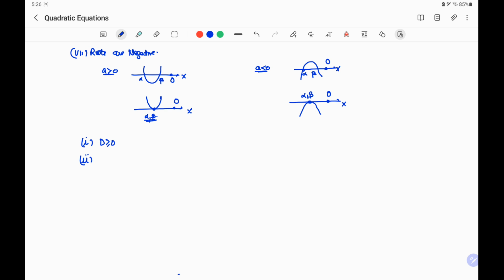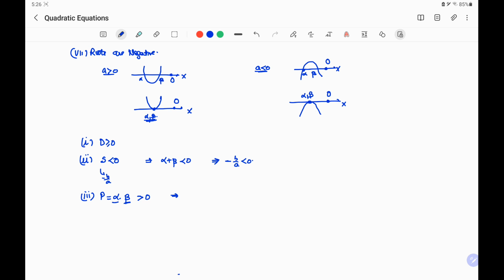Second, because both roots are negative, the sum is less than 0. This implies that alpha plus beta is less than 0, and because s is -b/a, we can write -b/a is less than 0. Third, the product, which is equal to alpha times beta, will be greater than 0 because both are negative, and negative on multiplication gives positive.